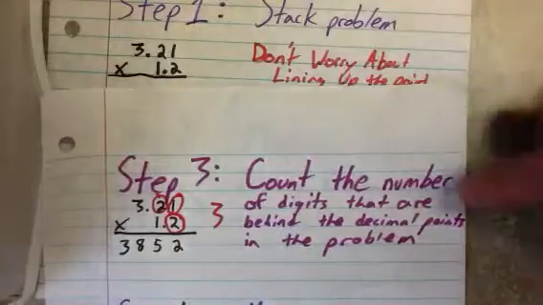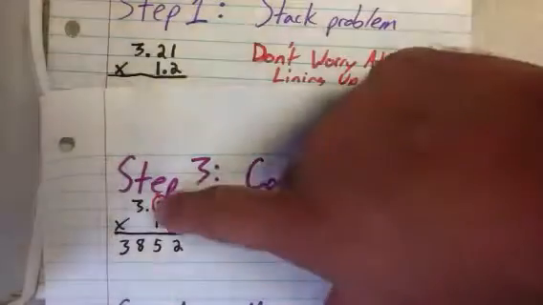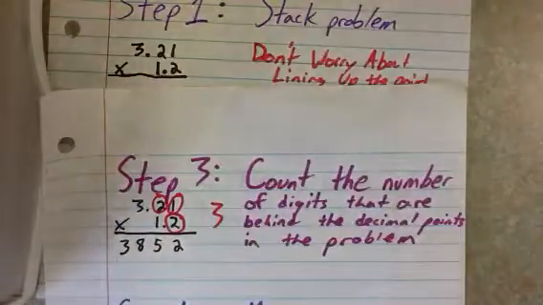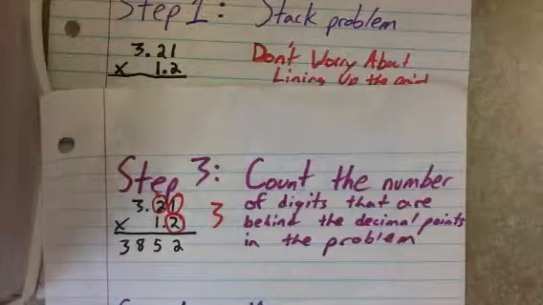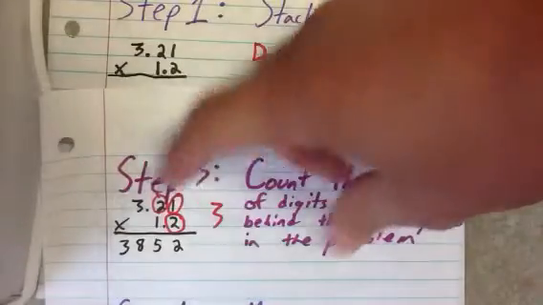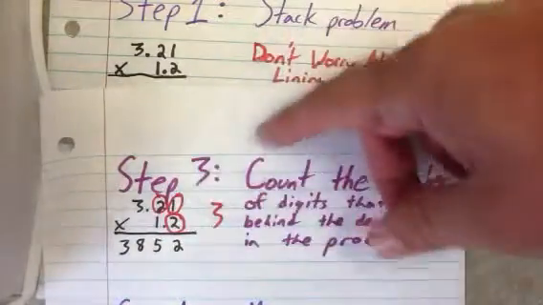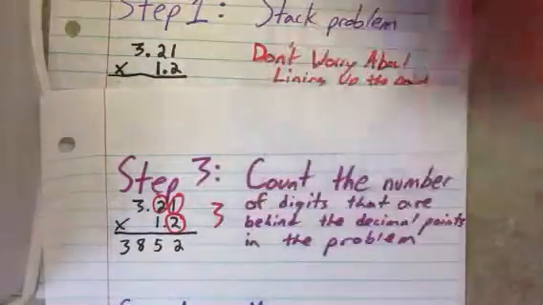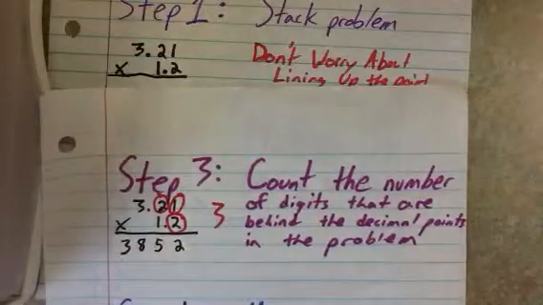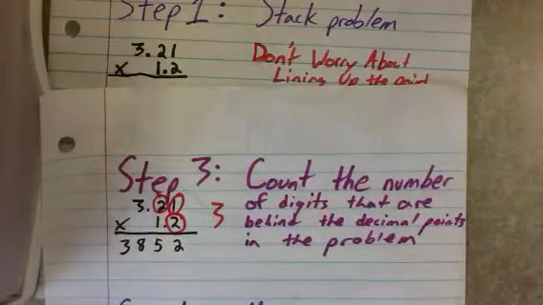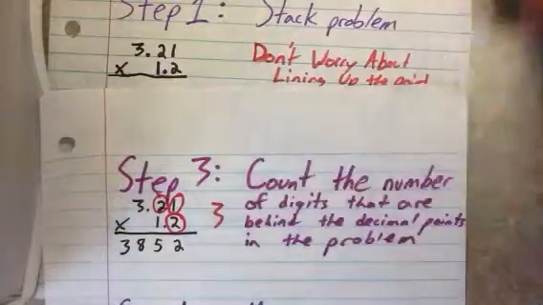And notice that I said decimal points. I meant both points in each of the two multiples that I am multiplying with. So, 3.2 and 1, that's two numbers, and 1.2, that's the third number. So there are 3 digits in this problem that are behind a decimal point. So all I had to do is I wrote down that number 3.